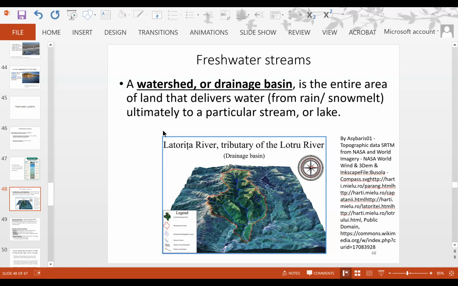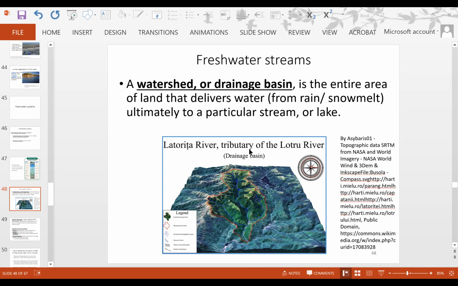Okay, so it is the drainage basin of the Latarita River, which means that any rain or snow, all the groundwater, everything within this red zone ultimately ends up in the Latarita River.